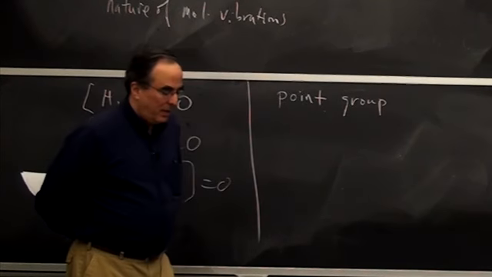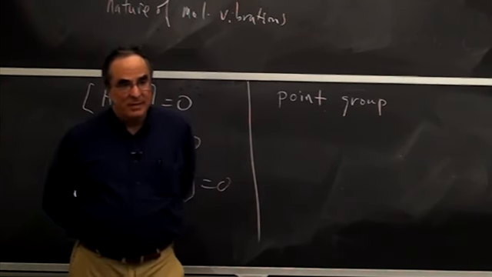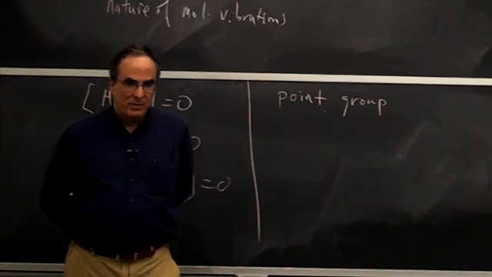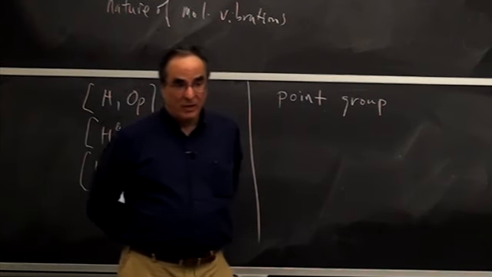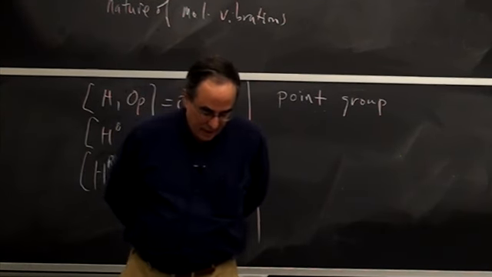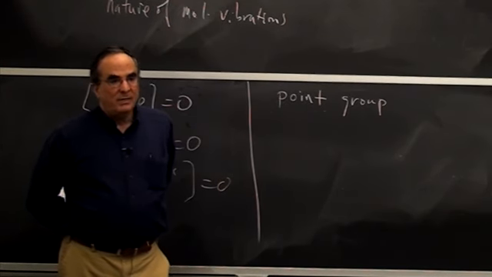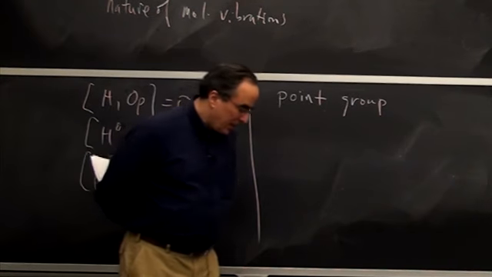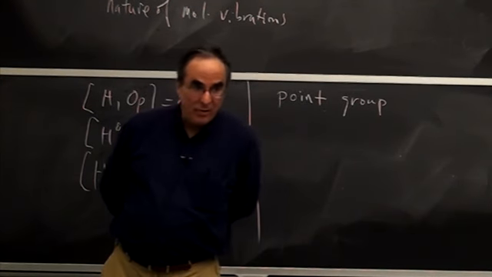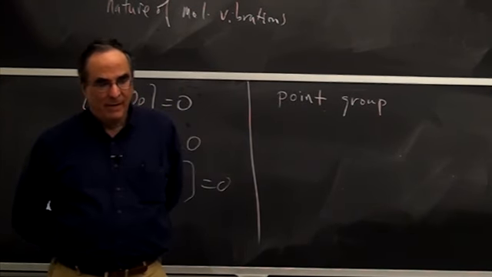A point group is called a point group because it consists of a bunch of symmetry operations, rotations, reflection planes, centers of inversion, where all of these symmetry operations intersect with or contain one point.